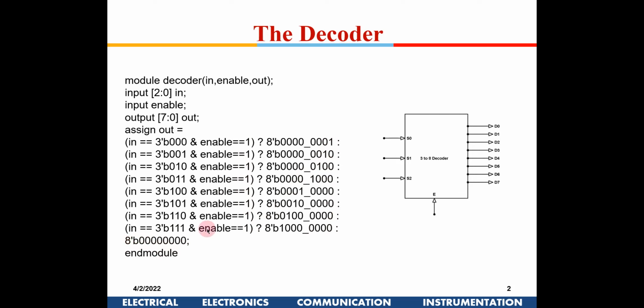If any of these 8 conditions are not met, automatically the output will be 0, all will be 0. So you don't have to write this again for enable equal to 0 for all these 8 conditions. With a single command you can program it so that for enable equal to 0, everything will be 0. This is the program for a decoder in Verilog.